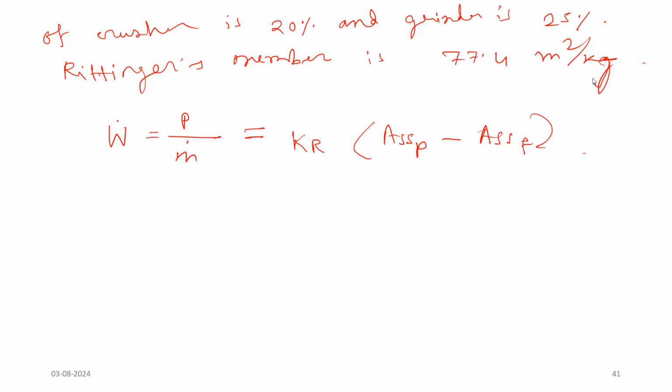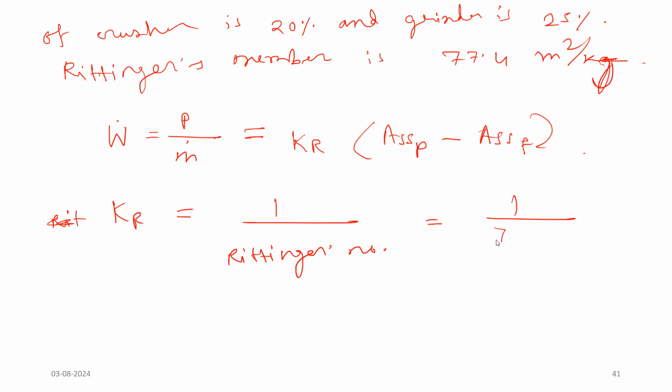So Rittinger's constant Kr is 1 by Rittinger's number, which is given in the question, so 1 by 77.4 kilojoule per meter square.